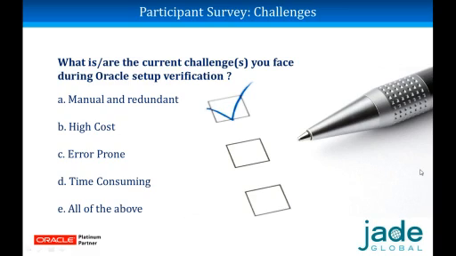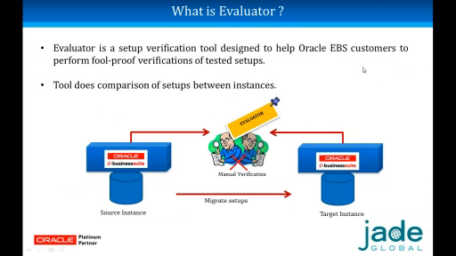So let me start by briefly discussing what is Wevaluated. Wevaluated is a web-enabled tool which does the setup verification, and it is designed to help Oracle e-business suite customers to perform foolproof verification of tested setups. This tool basically does a comparison between instances.